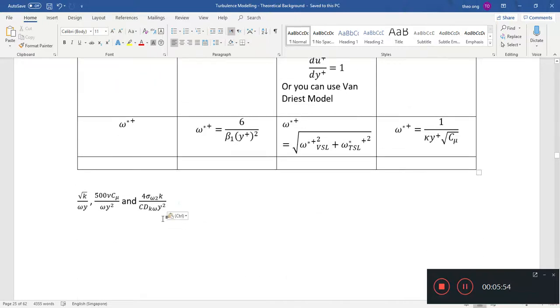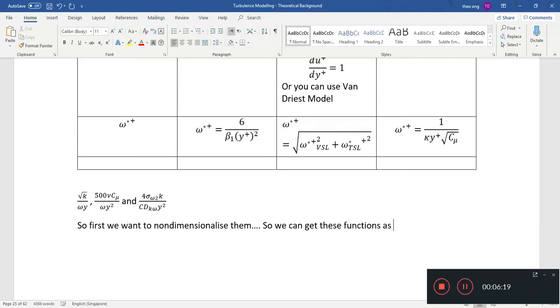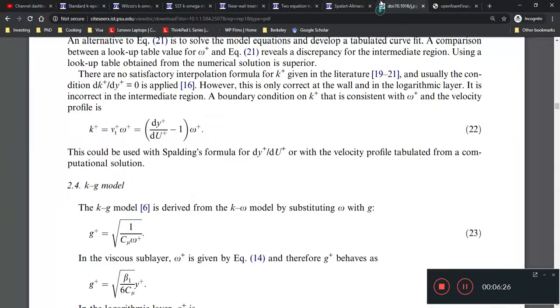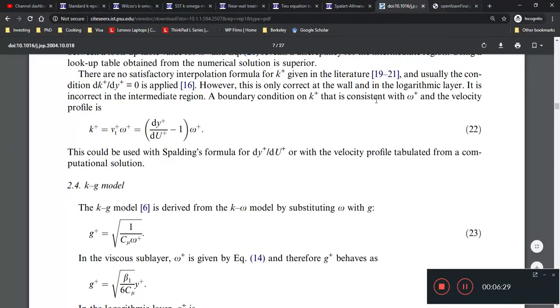First we want to non-dimensionalize them so that we can get these functions as a function of y plus, the dimensionless distance from the wall.